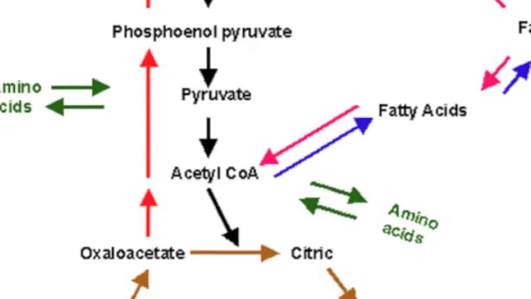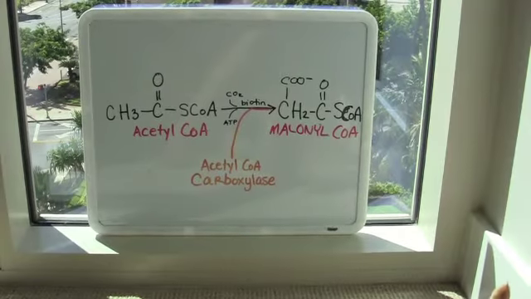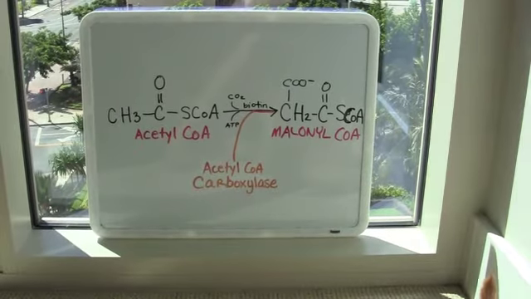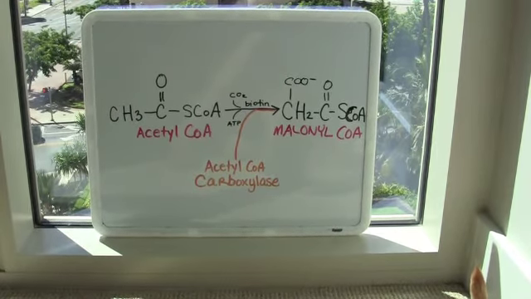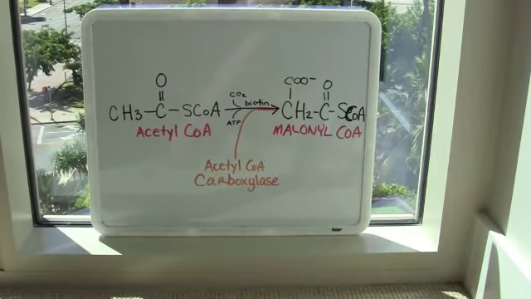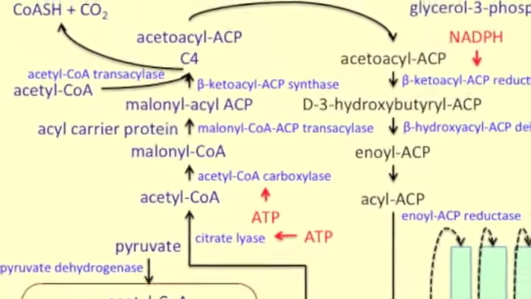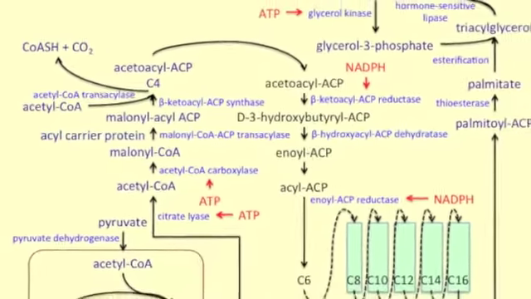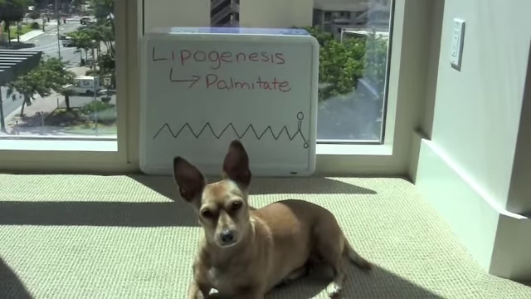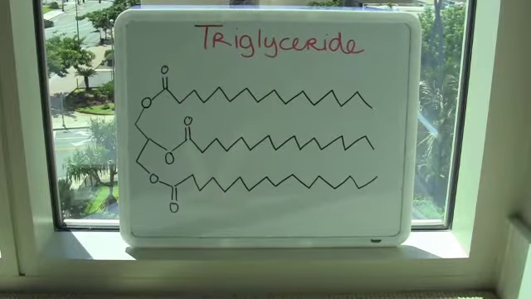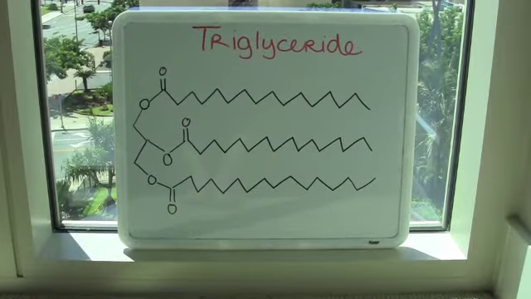Excess acetyl-CoA in the mitochondria, where the Krebs cycle is, is transported to the cytosol, where the enzyme acetyl-CoA carboxylase converts it to malonyl-CoA. With malonyl-CoA, through a series of many steps and the addition of 7 acetyl-CoA, the 16-carbon fatty acid palmitate is formed. From these fatty acids, the body can store them as triglycerides, the primary component of adipose tissue.